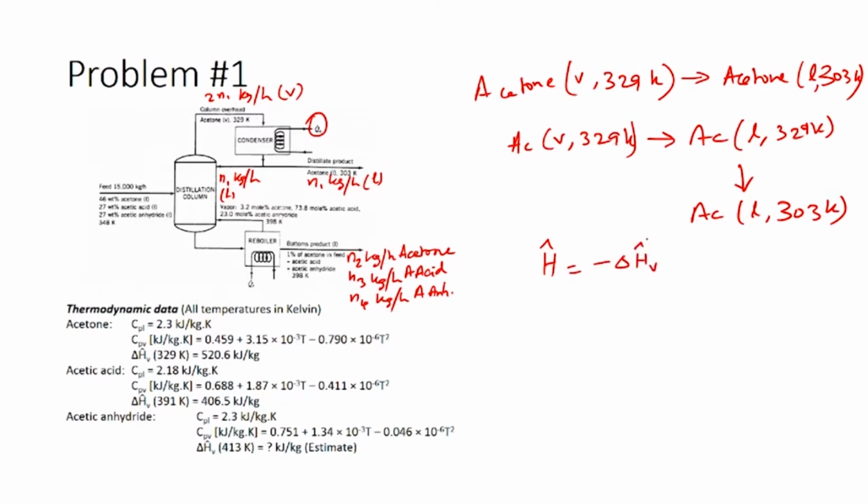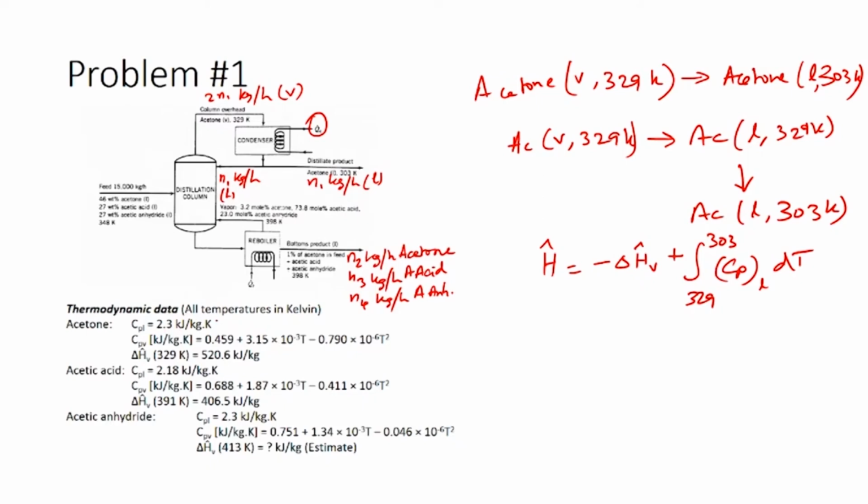Because it is a condensation process, we use the negative of the heat of vaporization plus the integral from 329 Kelvin to 303 Kelvin of Cp of acetone liquid dT. The Cp of acetone liquid is 2.3 kilojoules per kilogram Kelvin.